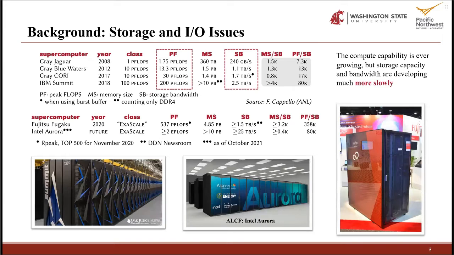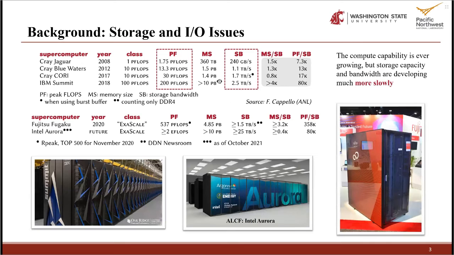Then I will talk about the storage and I/O issue. In the past few years, computing capability has been growing very fast, but storage capability and bandwidth are developing much more slowly.